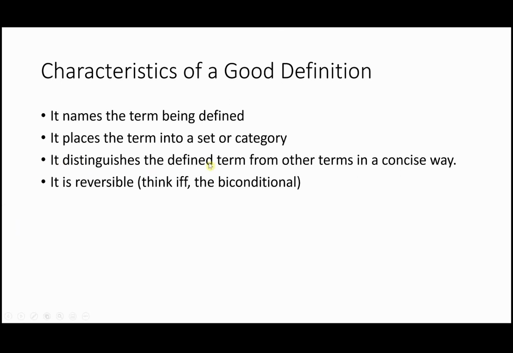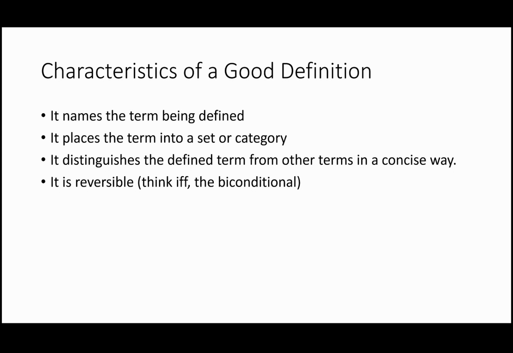Next, it distinguishes the defined term from other terms in a concise way. So there won't be confusion, if it's a good definition, that it's trying to define some other term.